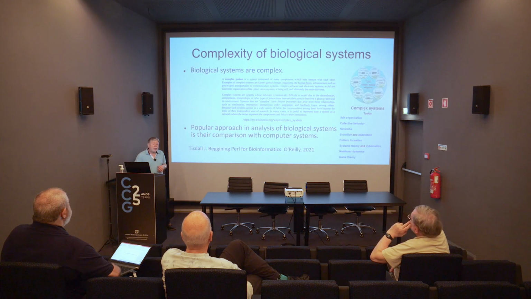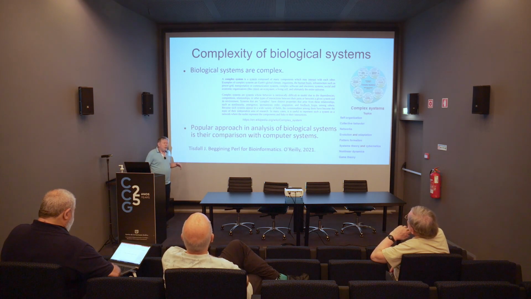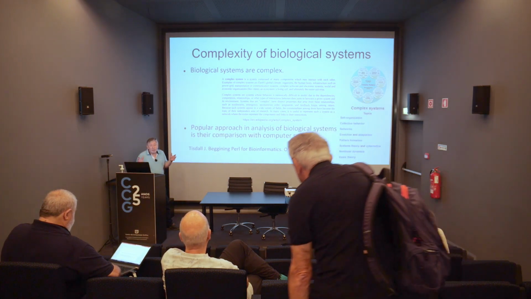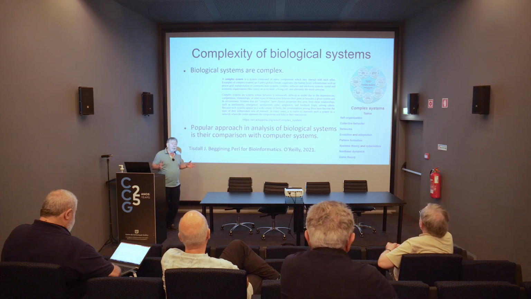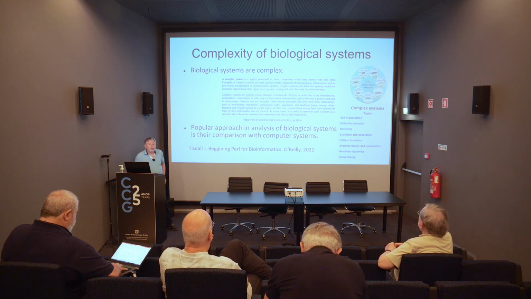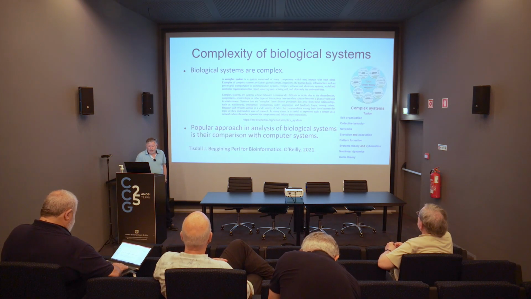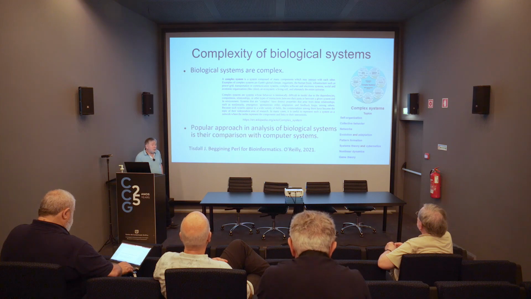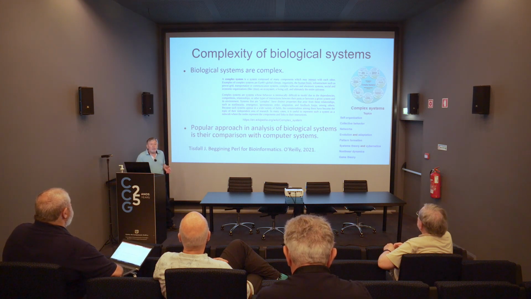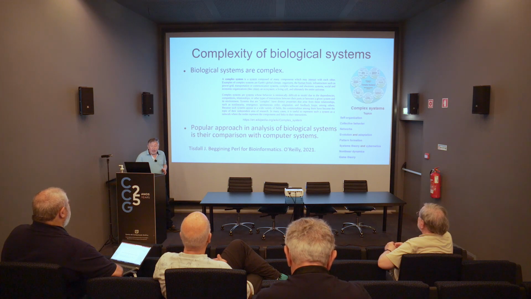And there were several of those nomenclatures, but basically the one that was done in the mid-80s is the essential one which stays, and we are using it nowadays. Biological systems are complex, and a good approach to them is to compare them with a computer system, especially since we have a lot of data arising from those complex systems which need analysis.